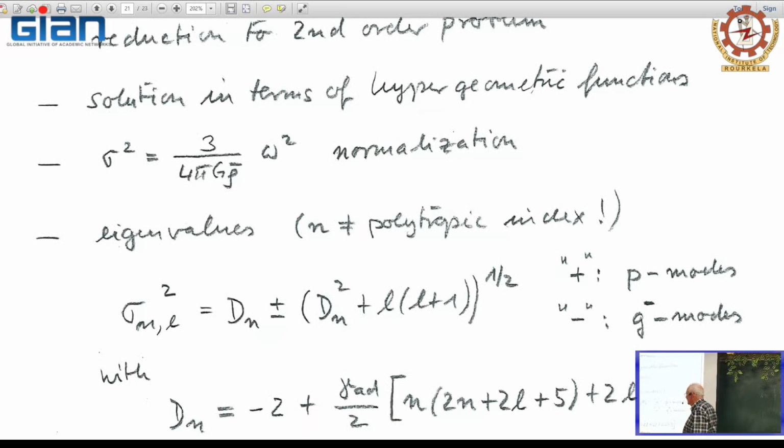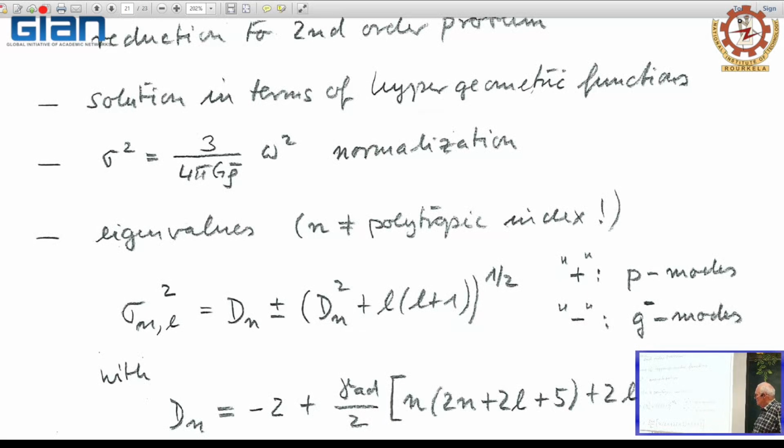And this is given by d_n plus minus, so it's a solution of a quadratic equation, d_n plus minus (d_n squared plus L times (L plus 1)) to the power 1/2, where the upper sign, the plus sign, denotes the p modes and the minus sign denotes the g minus modes. We do only have g minus modes.